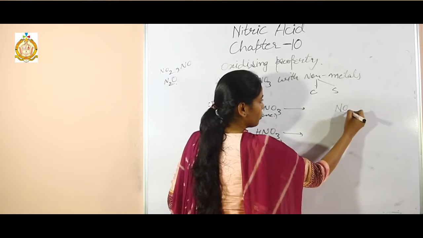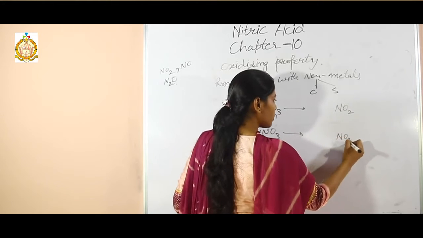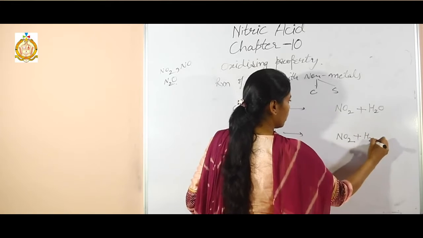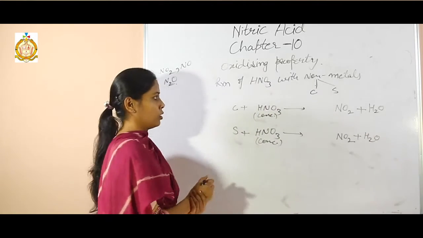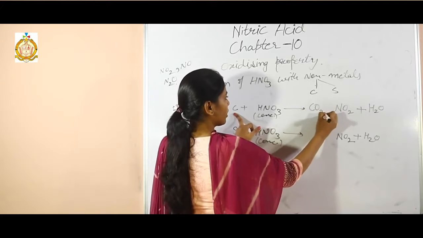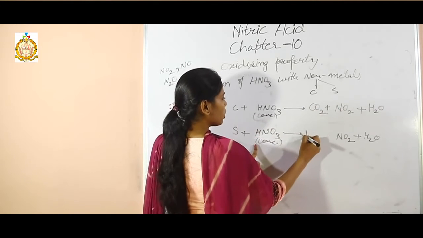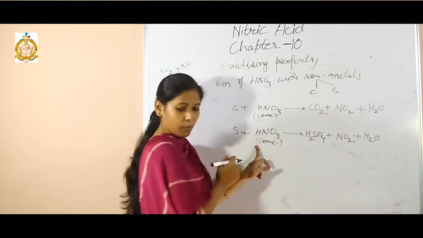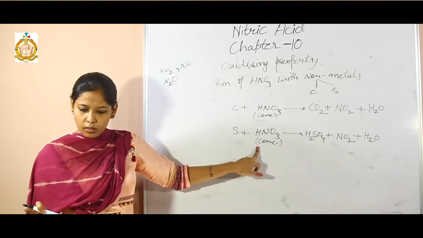One of the products will be nitrogen dioxide, and water is also there. And another product here will be carbon dioxide, and here another product will be sulfuric acid. The rest 2 are the same in both the cases.